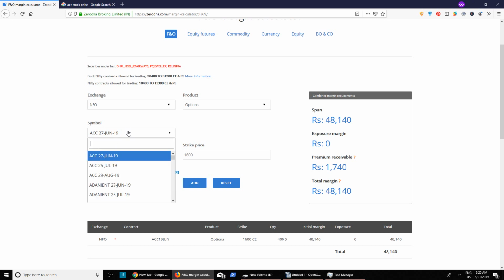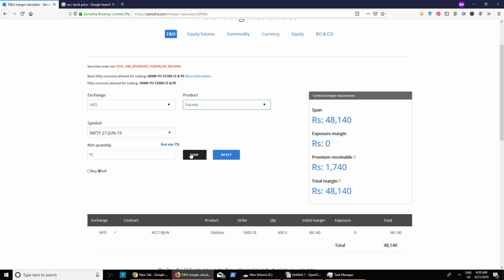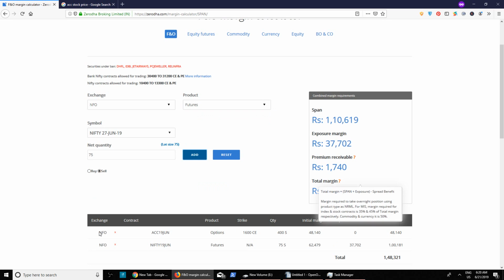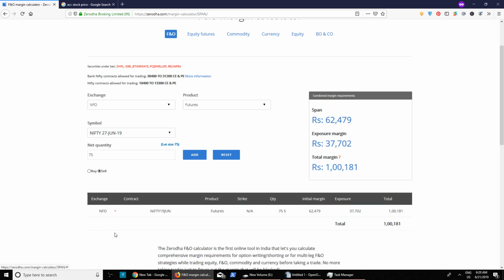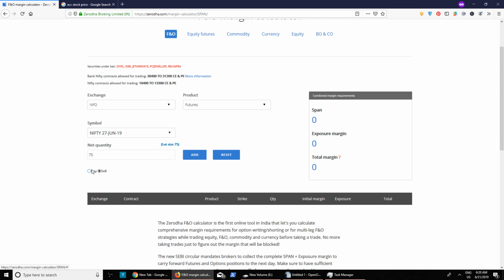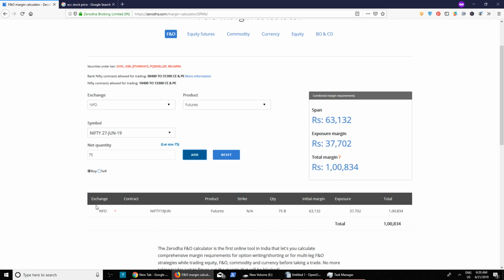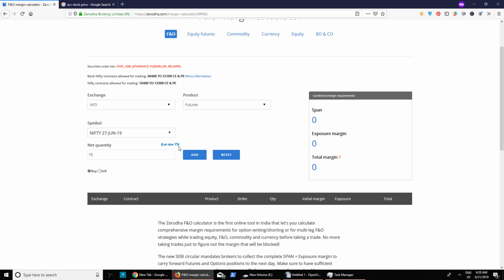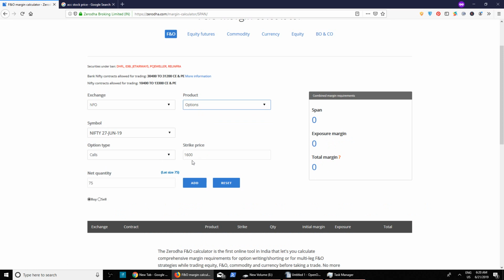Let's see, for Nifty, for example. For futures, if you want to buy or sell, it's 1 lakh, that's the margin. Now same goes with if you want to sell the options.